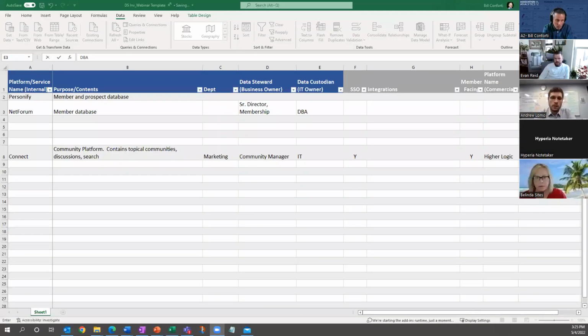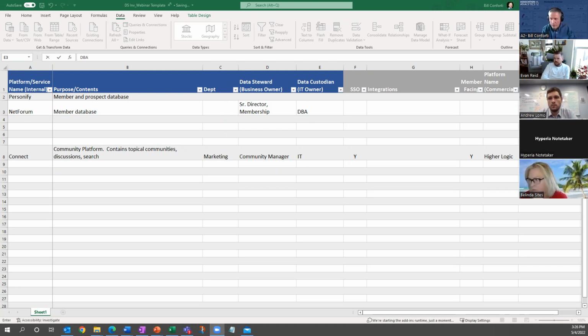If an association doesn't have a data source inventory, or doesn't have a handle on the ownership aspect of their data, it's mainly because we have so many data sources and we just haven't thought through the concept of ownership.